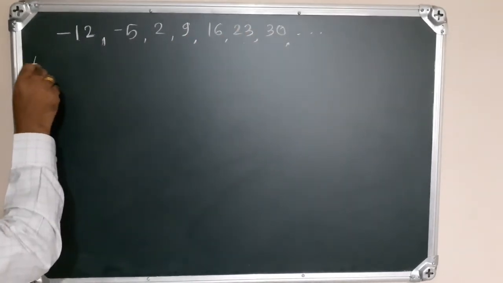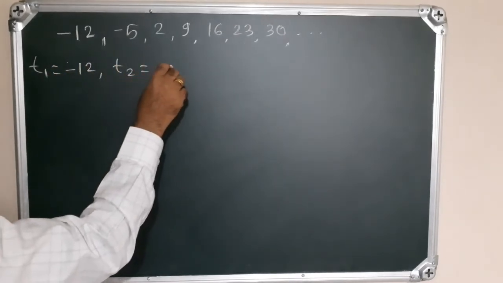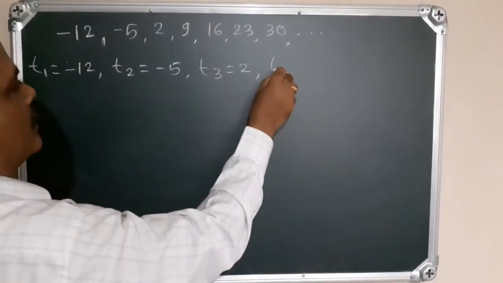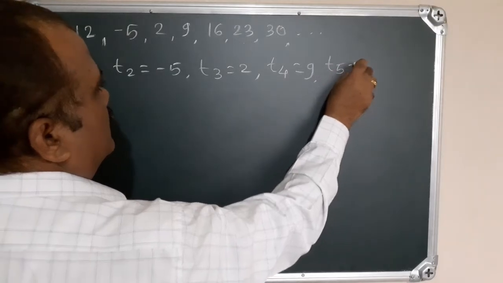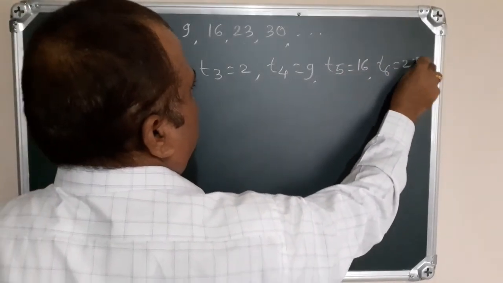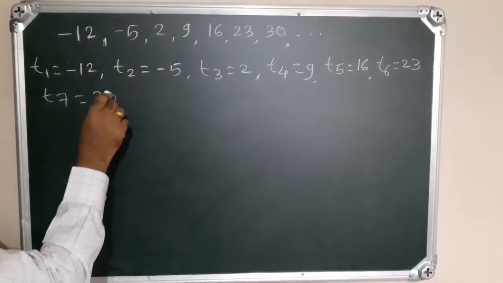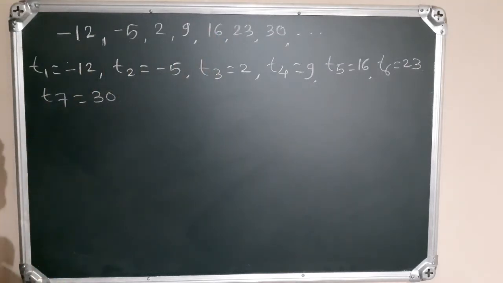T1 is minus 12, T2 is minus 5, T3 is 2, T4 is 9, T5 is 16, T6 is 23, and T7 is 30.